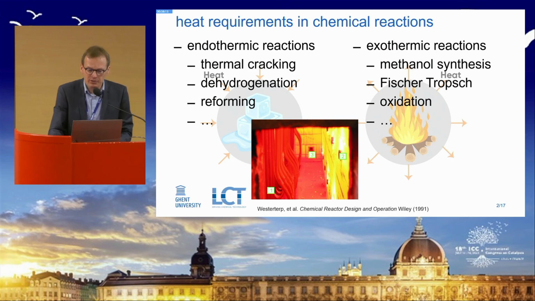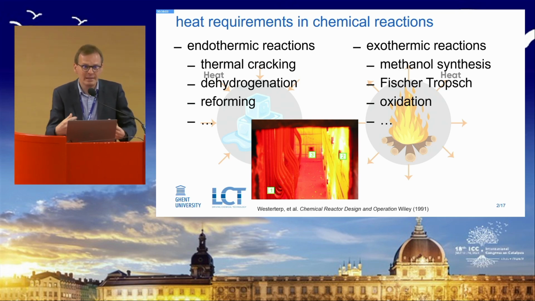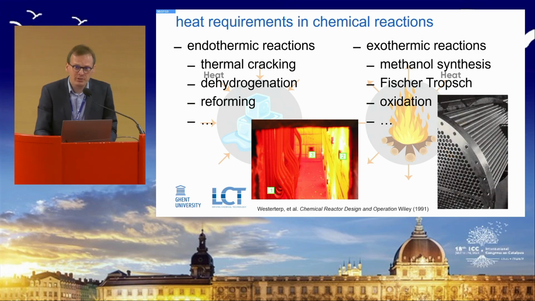For endothermic reactions, we see the development of furnaces in which relatively narrow tubes are suspended in order to get the heat in and drive the reaction. And quite often we enter a heat transfer limited regime in there. Whereas for exothermic reactions, the typical workhorse reactor is a multi-tubular reactor in which the tubes are immersed in a boiling liquid in order to have good heat transfer.